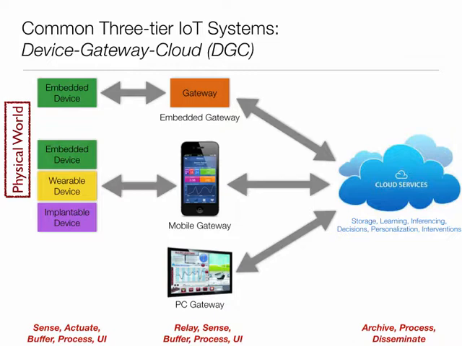I like to call it device just because there are wearable and implantable things also. There is a gateway tier, and then there's a cloud. Almost any interesting stuff that you see out there now has these 3 pieces. Sometimes the middle piece is not there because the embedded device itself may have a cellular radio to talk directly to the cloud, but this is a pretty generic model.